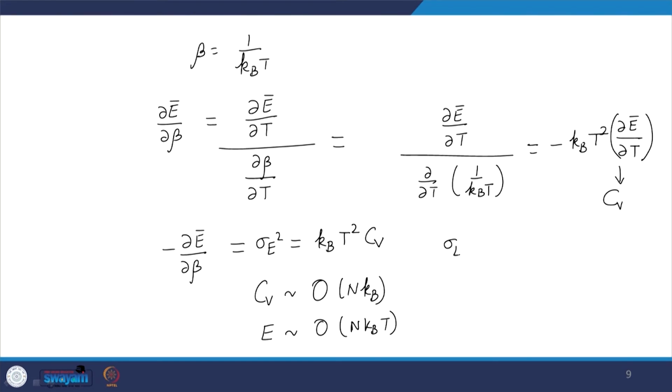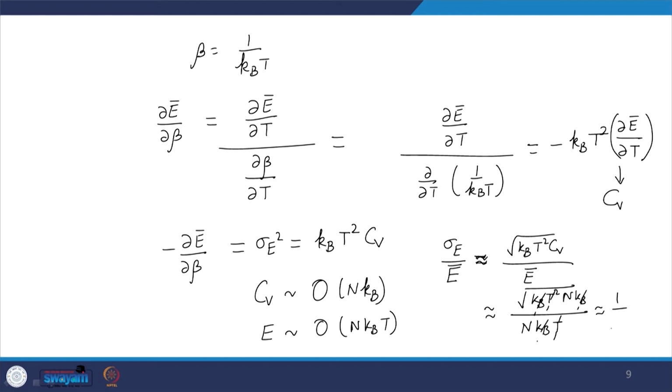So, if I find my sigma E by E bar, that is, if I take a ratio of the standard deviation to the mean value, this will be going like square root of kB T square Cv by E bar, and that is roughly going like kB T square n kB by n kB T. Of course, the temperatures will cancel, the kB will cancel, and this tells me that the ratio of the standard deviation to the average goes like 1 over square root of n.